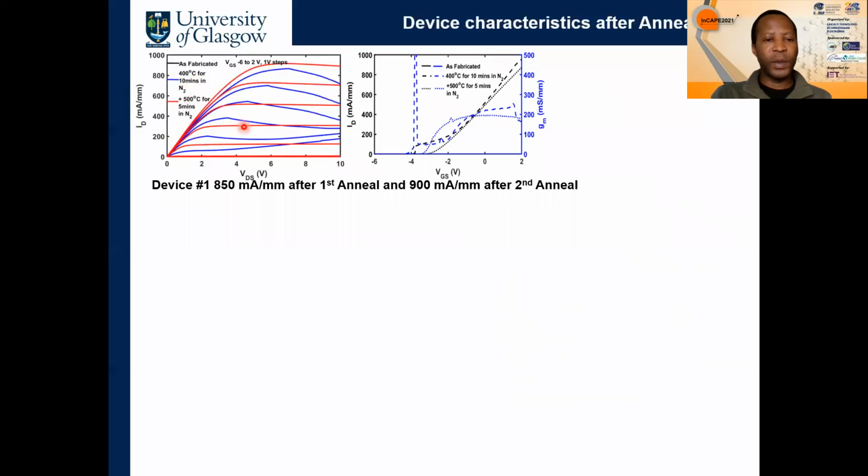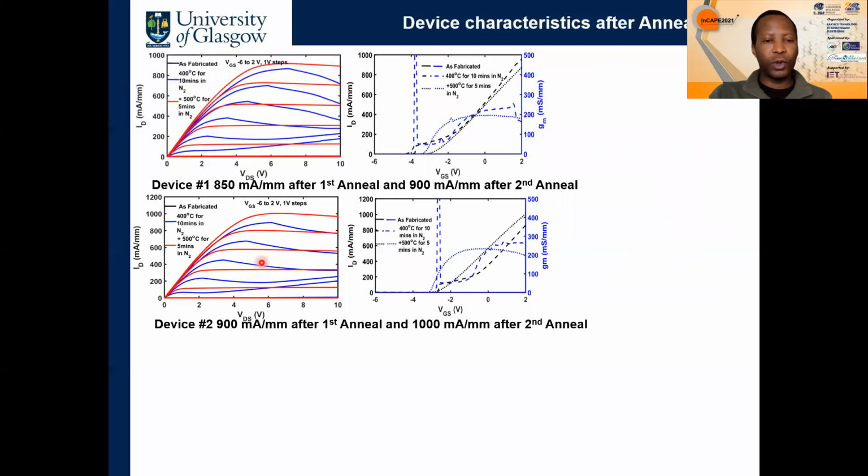As can be seen from this image, the drain current increases to 850 milliamperes per millimeter after this first step. This increases further to 900 milliamperes per millimeter after the second anneal step, which was done at 500 degrees for 5 minutes in nitrogen. There's also better self-heating behavior after the second anneal step and stable transfer characteristics, as can be seen in the graph here.